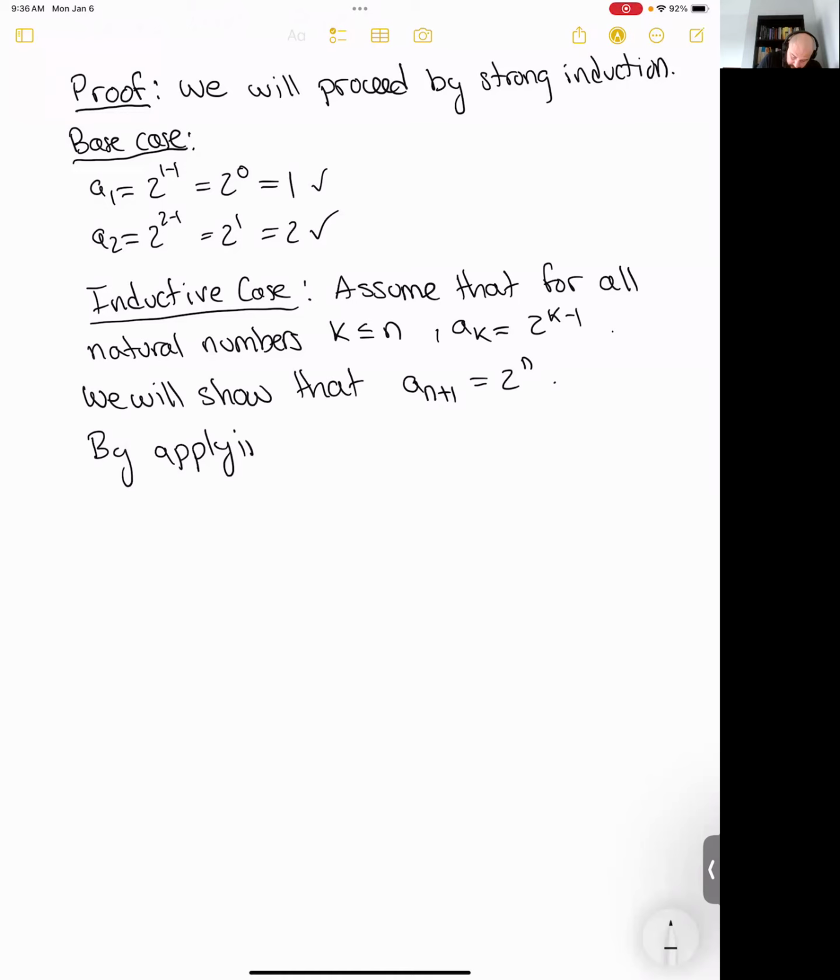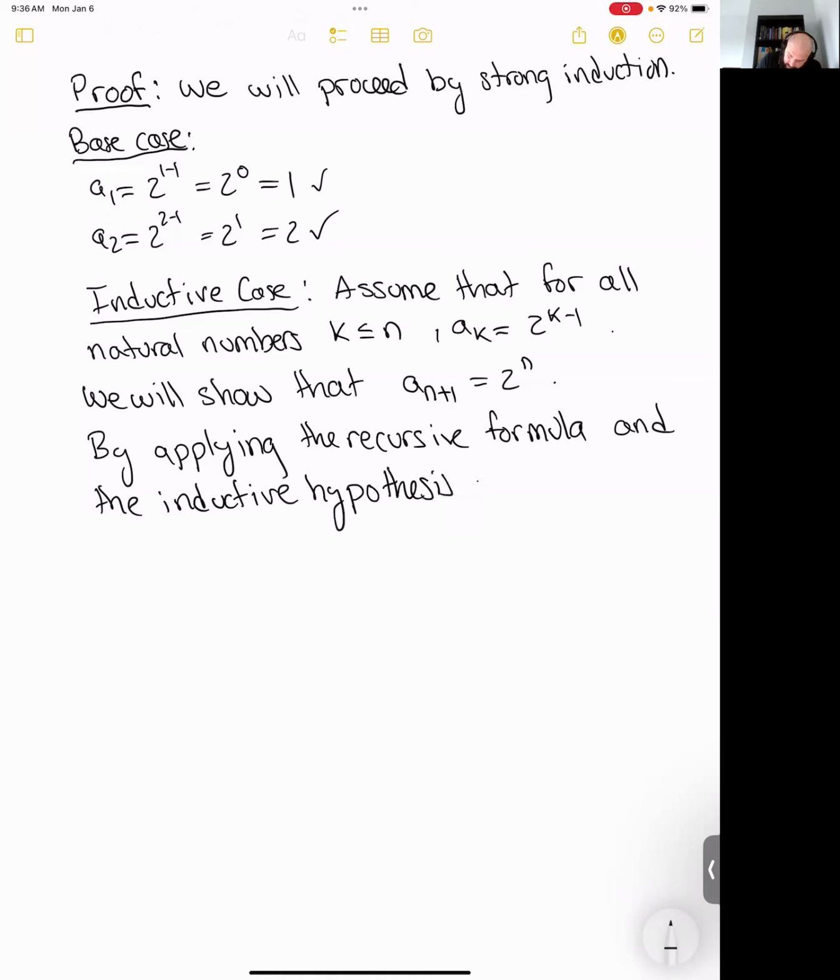Now, by applying the recursive formula and the inductive hypothesis, we find the following.